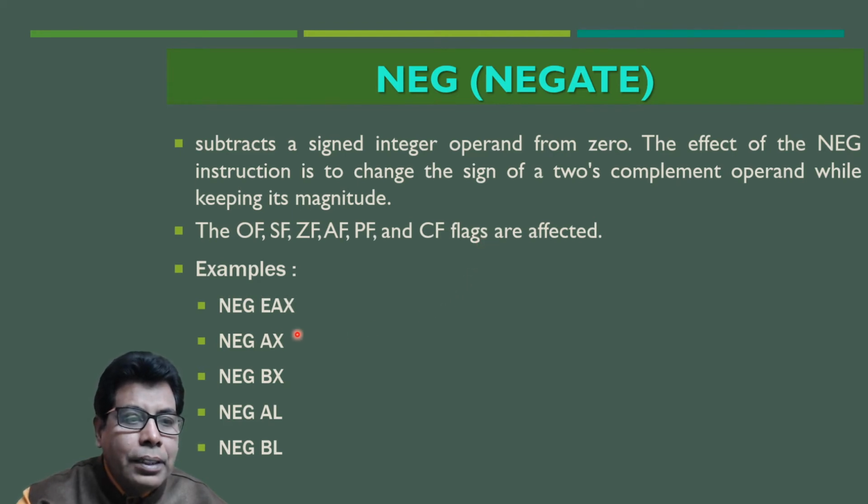For example, if you take NEG EAX, EAX is subtracted from 0, so we get the negative value; the sign will change. Similarly, we can negate the AX register, BX register, AL or BL register.